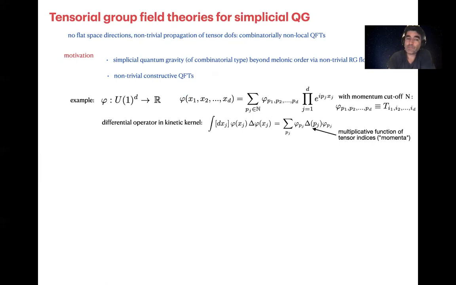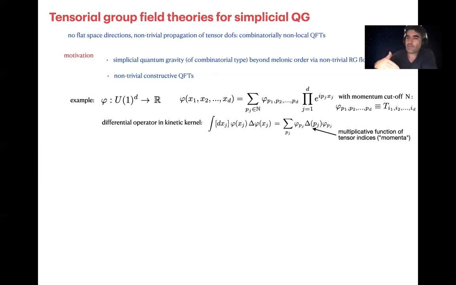You can consider a field being a map from D copies of U(1), a very simple abelian Lie group, to the real numbers. You can expand in modes if you want, and the corresponding modes are in fact tensors over a discrete set.